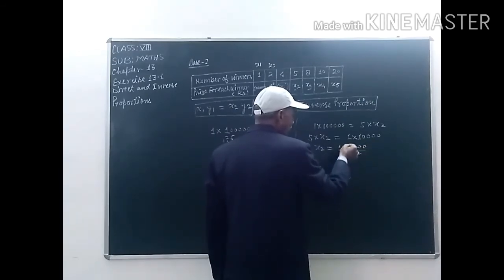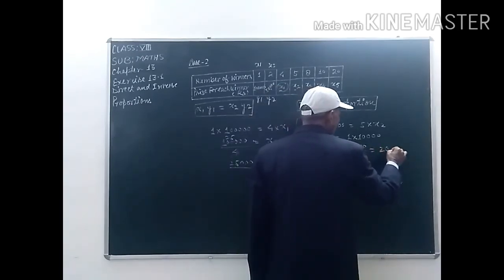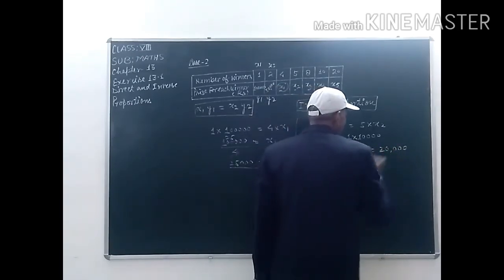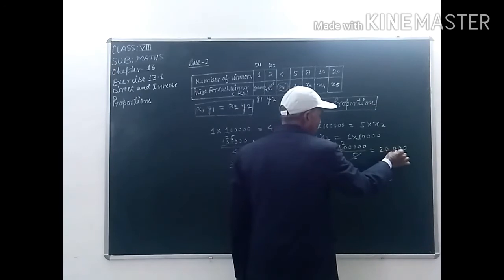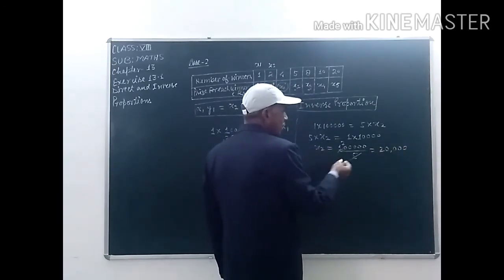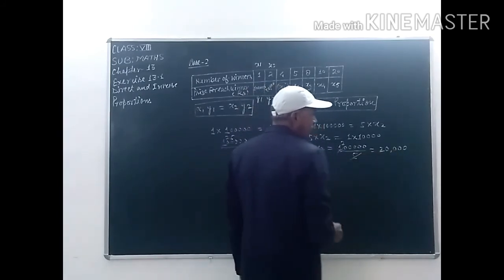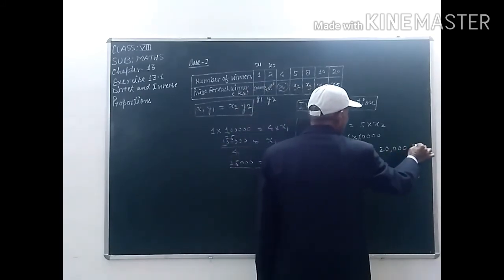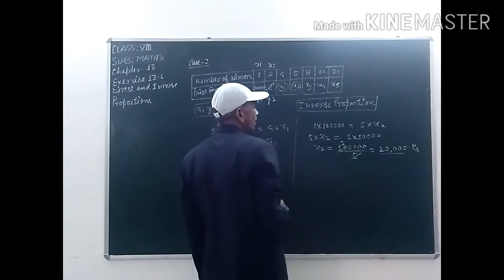So 5 twos are 10, now 2, 0 and there are 3 zeros. So if the number of winners is 5, then they will get 20,000 rupees each. Clear, students? So the value of x2 is 20,000.